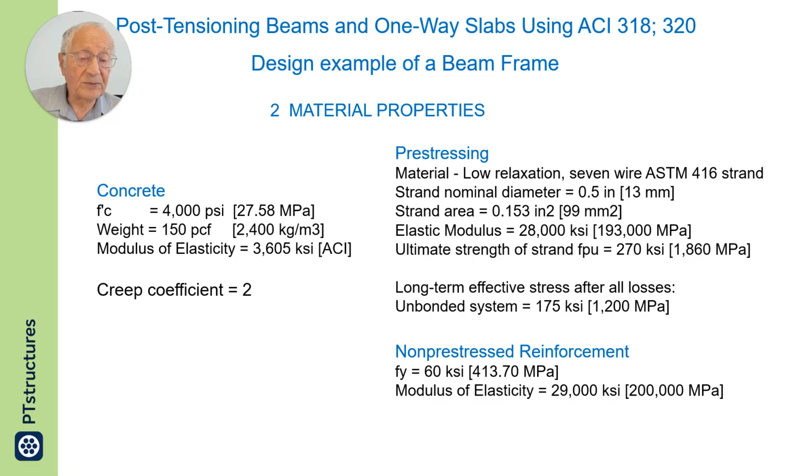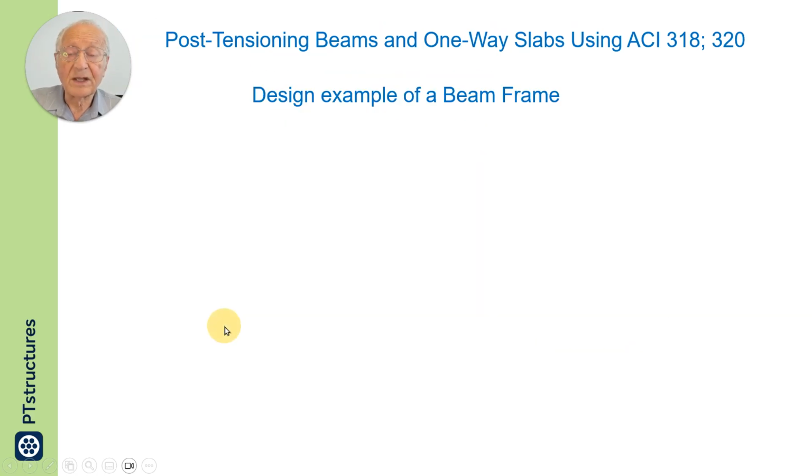For non-pre-stressed rebar, I use 60. I have 60 KSI and 175 KSI. These are the values for the reinforcement, and the value for concrete I have here at top left. That is the strength, 4000 PSI.